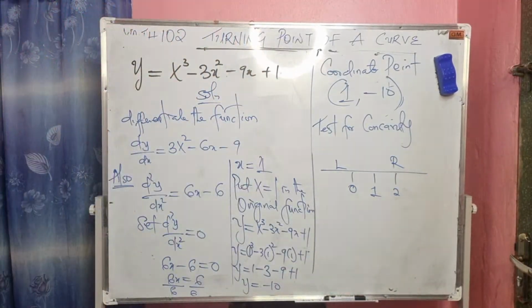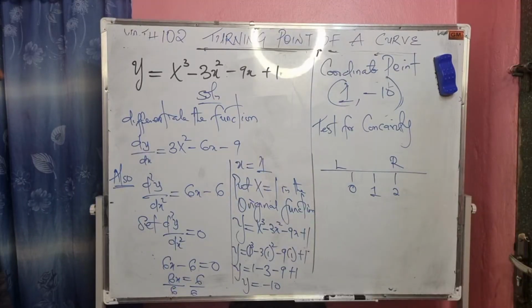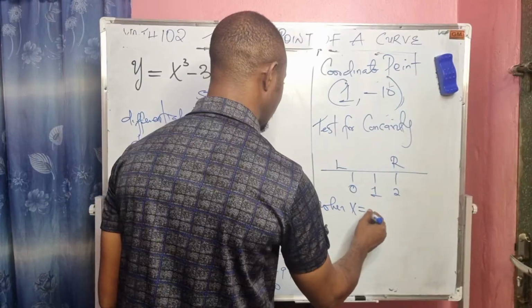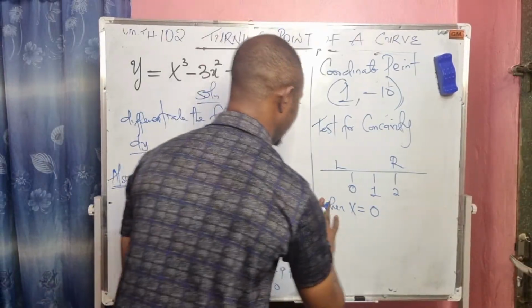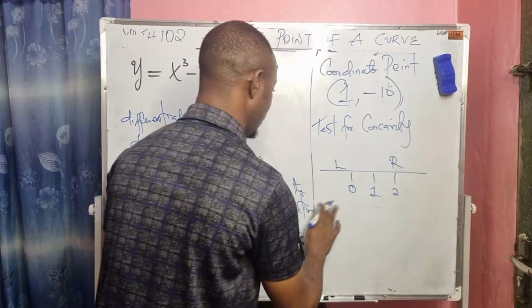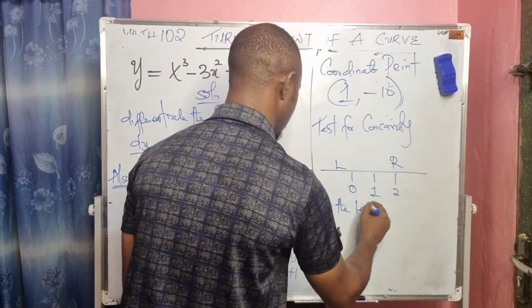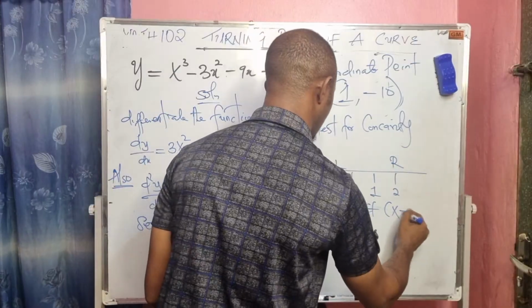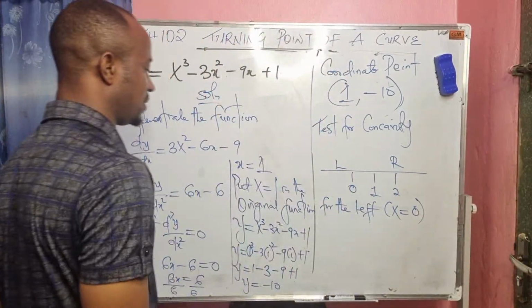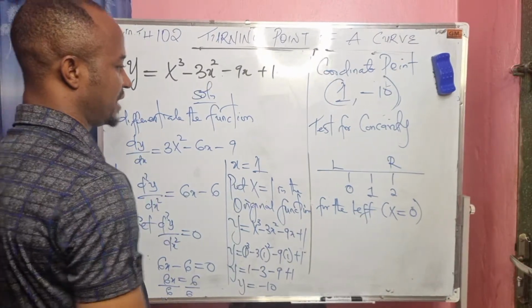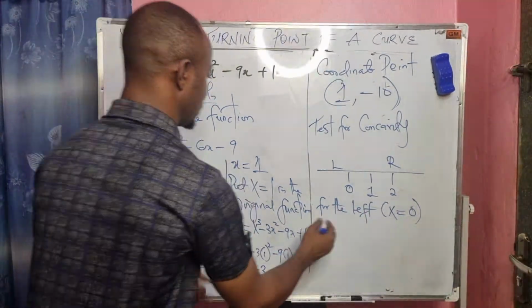So let's see if the sign changes. For when x equals 0, we are testing for the left. So x equals 0. Let's see what we are going to have.